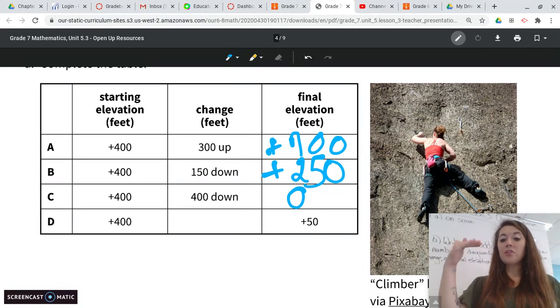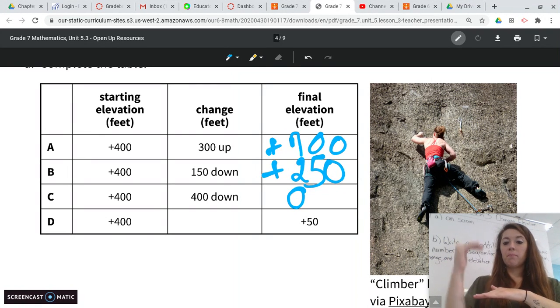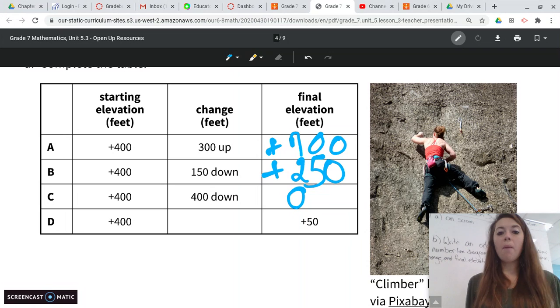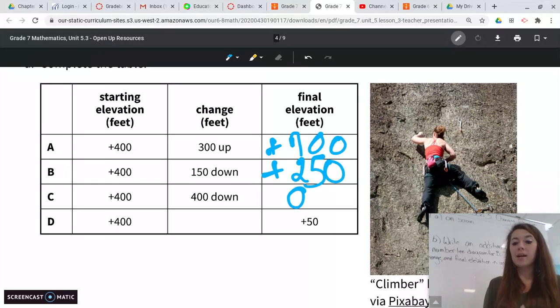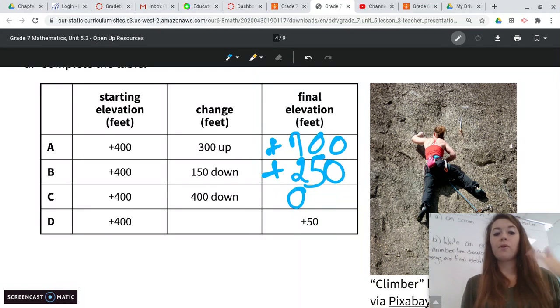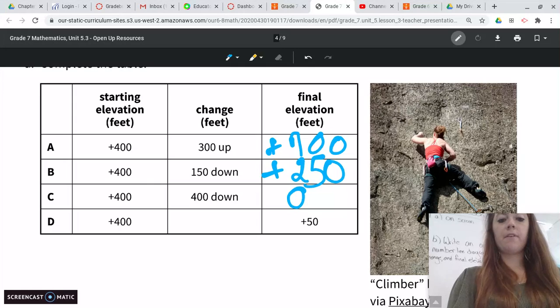All right, and the last one looks a little different. This time we have our starting elevation and our final elevation, but we don't know what the change was. So how might we solve for that? Hopefully you're thinking that we can subtract the two numbers to find the change. If we subtract 50 from 400, what are we going to end up with? 350.